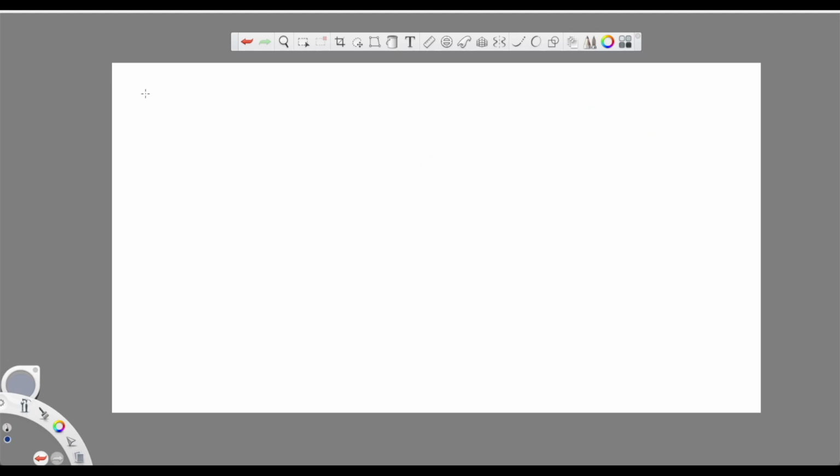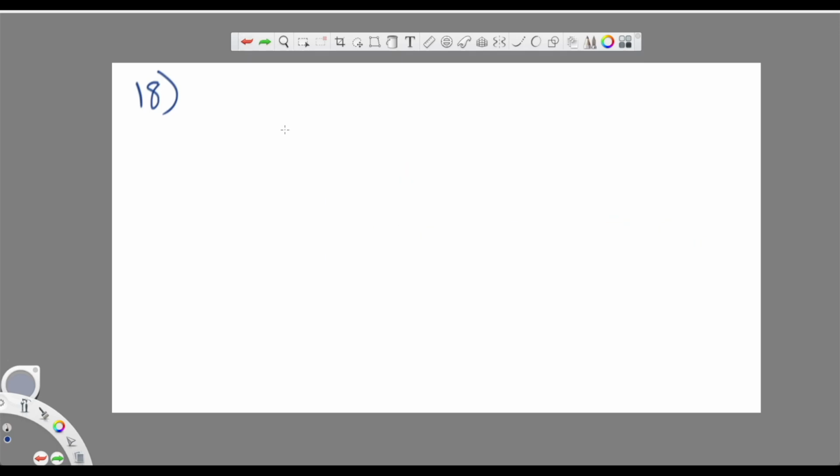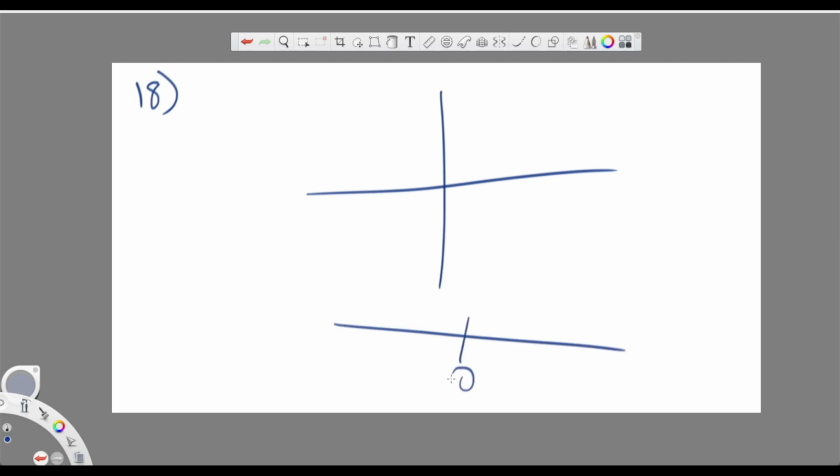Now, for the last problems, it's pretty much the same concept, but I want to include it because I saw there was some confusion about x equaling 0 and x having no solution. x equals 0 and x having no solution are completely different. The reason being is we have to think about this as a graph or a number line.